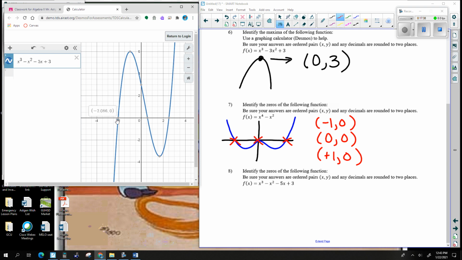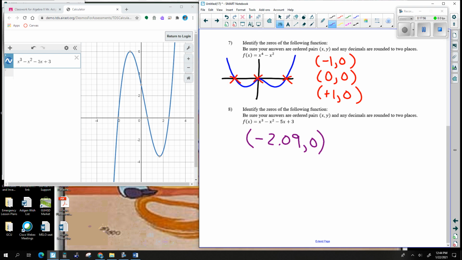So we have that one right there. I keep forgetting the number, and it's hard to work on two different screens. -2.09. That's one of the zeros. That middle zero, again where it crosses the x-axis, is at 0.57.